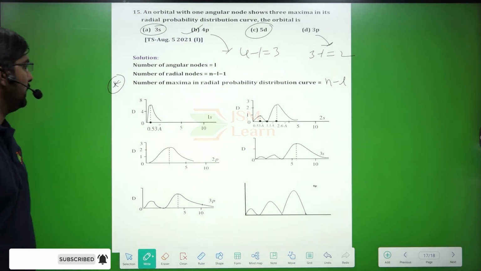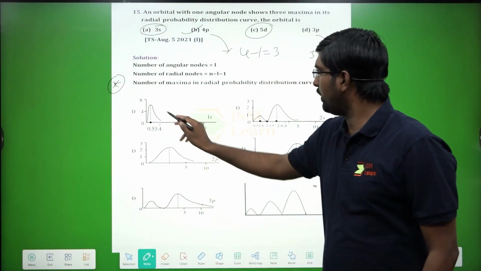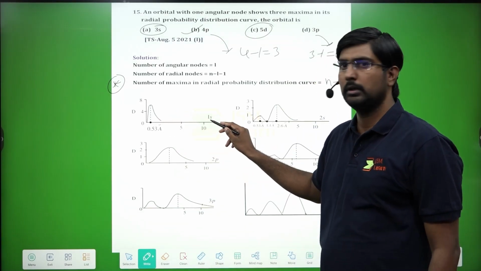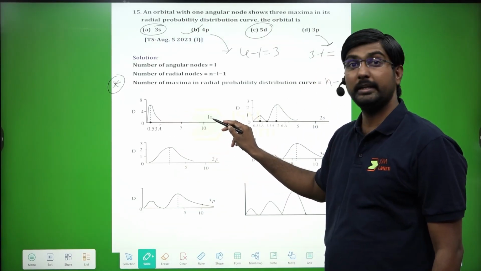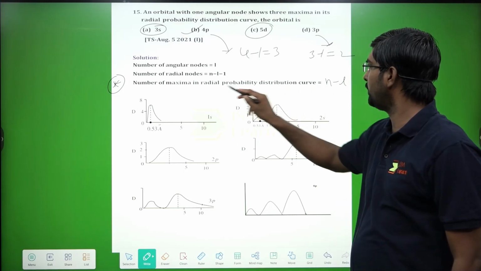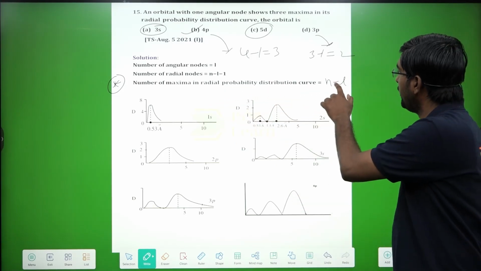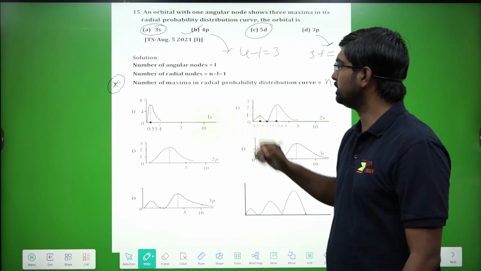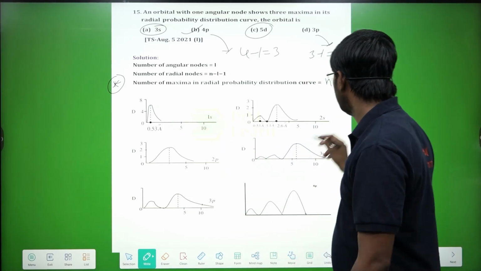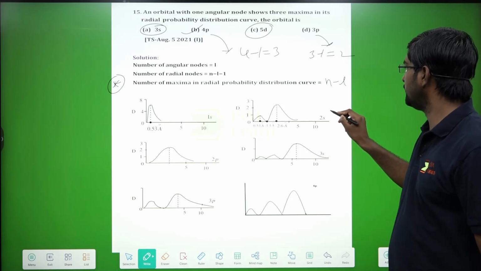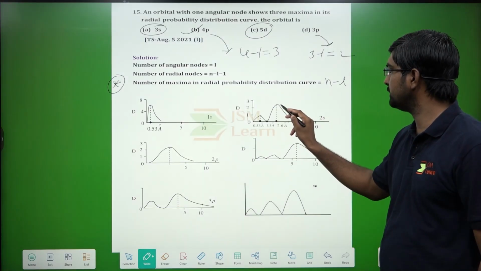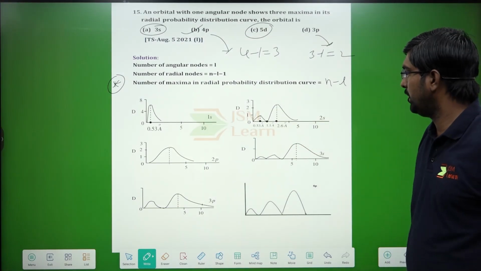See here, for the 1s orbital, we have only one maximum: 1 minus 0, n minus L. What is the formula to find the number of maxima in the radial probability distribution curve? N minus L. So 1 minus 0, 1 maximum we have. If you consider 2s, 2 minus 0, 2 maxima. This is 1 maximum and this is another maximum.